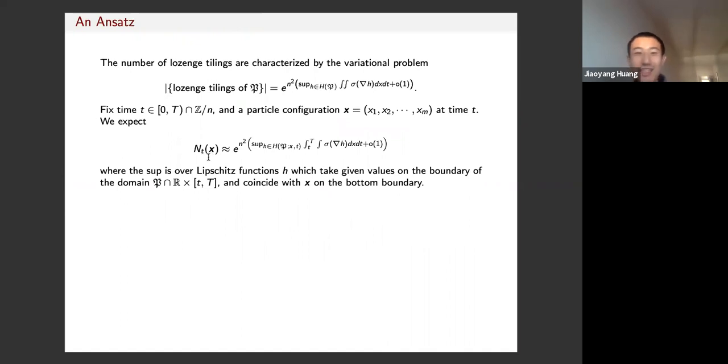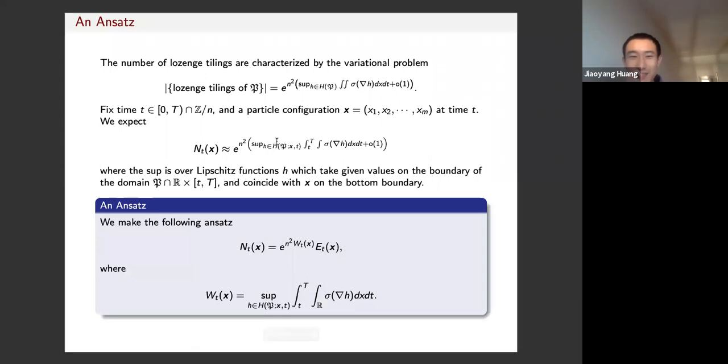And because this N_t(x) also counts a certain number of Lozenge tilings, we will also roughly have it equal e to the n squared times the rate function for this region, which corresponds to P restricted from little t to capital T, where the bottom is given by this configuration x. So N_t(x) should be roughly given by this.